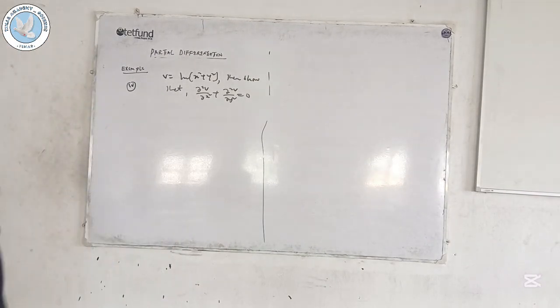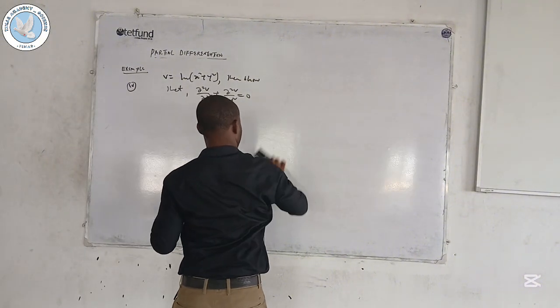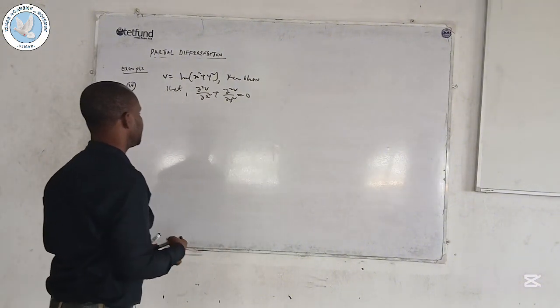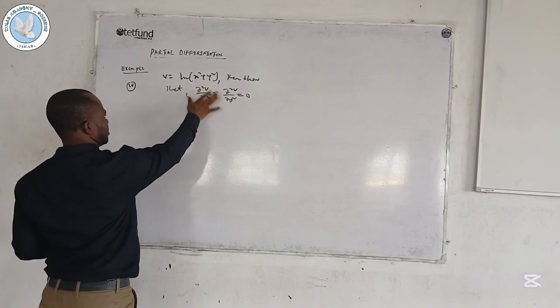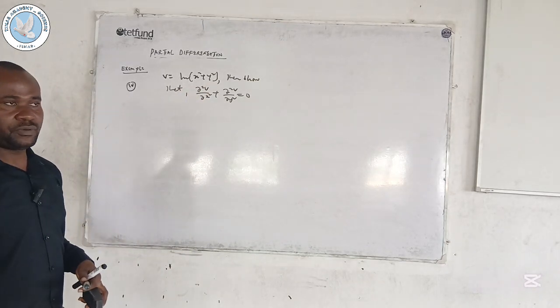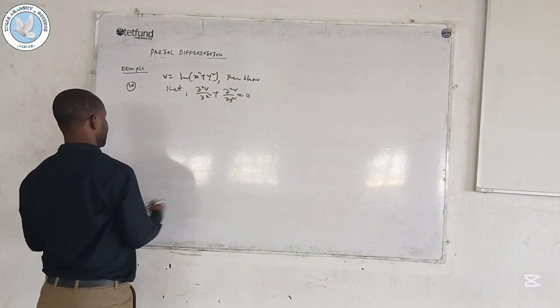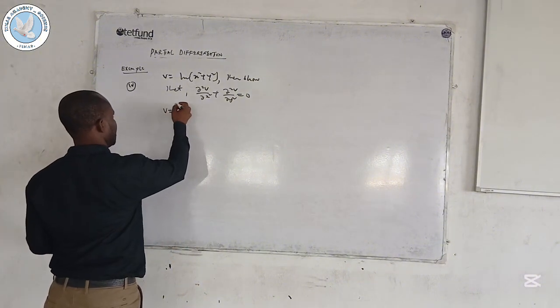Looking at the fourth question, we are trying to prove that if v is given as this, the addition of the second derivative of both parameters will give us 0. So at this point, let's see how to prove this.